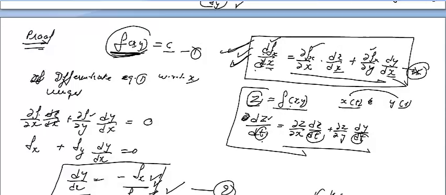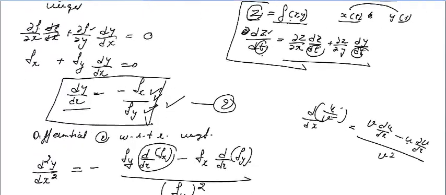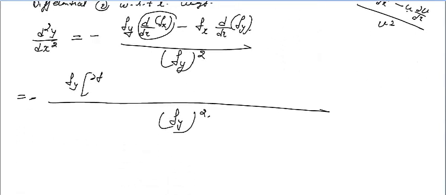So you will get the derivative of fx, curl derivative with respect to x, and total derivative of x with respect to x, plus the derivative of fx with respect to y, and this is curl y by dy by dx.